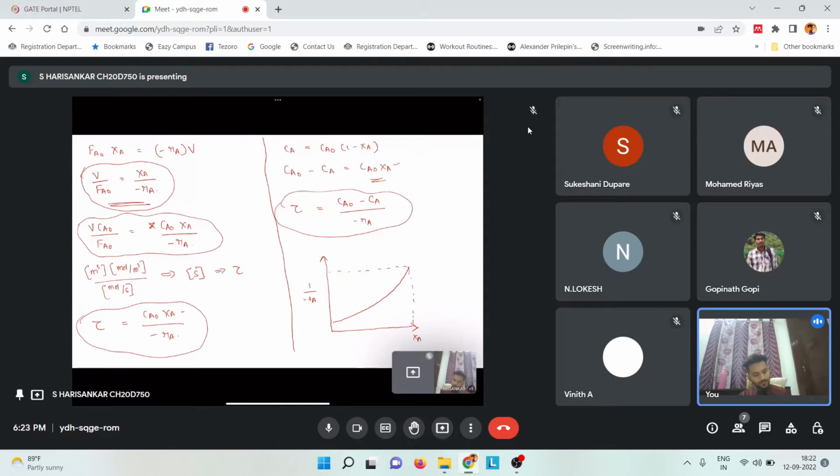So this whole area is equal to tau by CA0. And also, this point P is known as the operating point of CSTR.